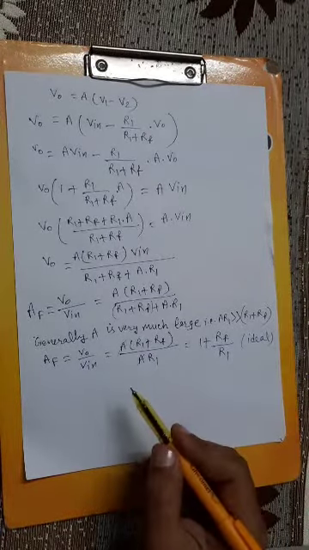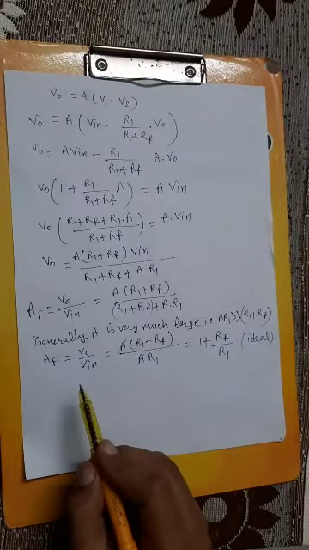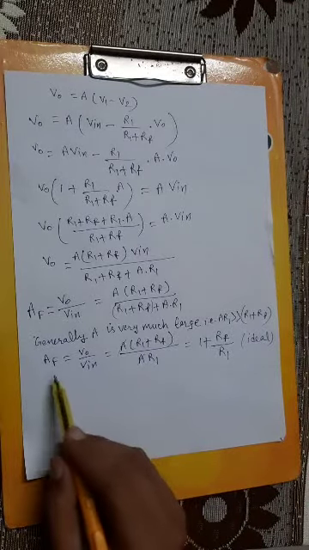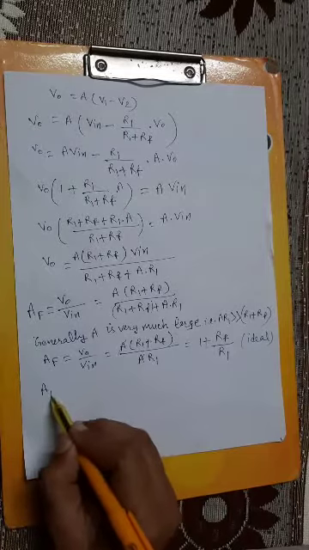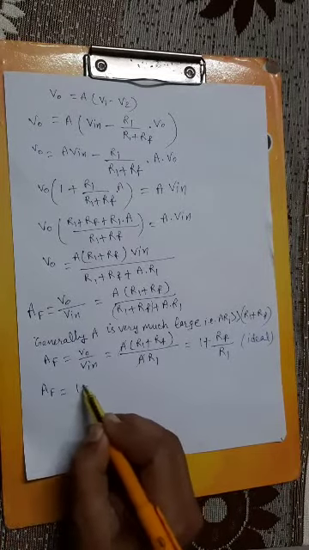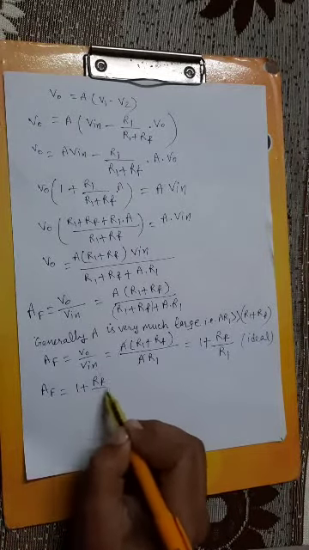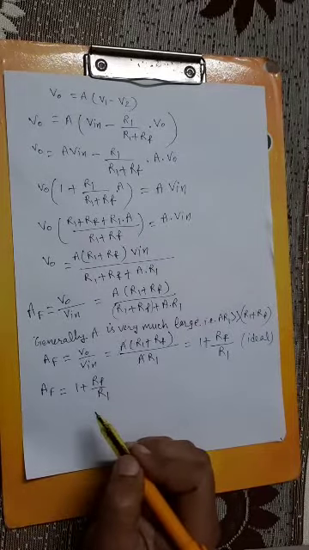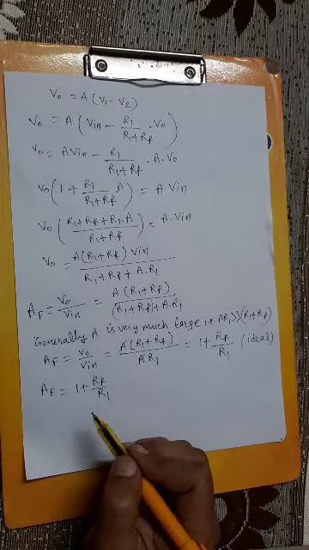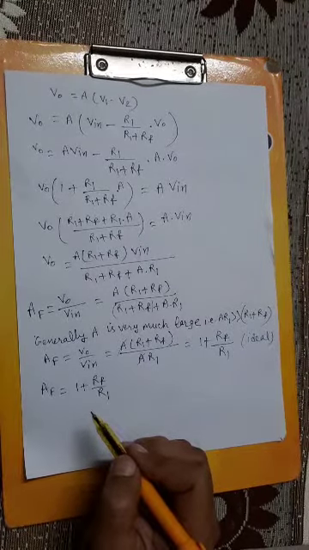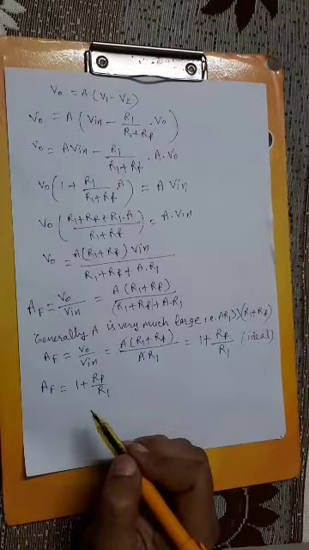This is the closed loop gain: AF is equal to 1 plus Rf by R1. This will be the closed loop voltage gain.